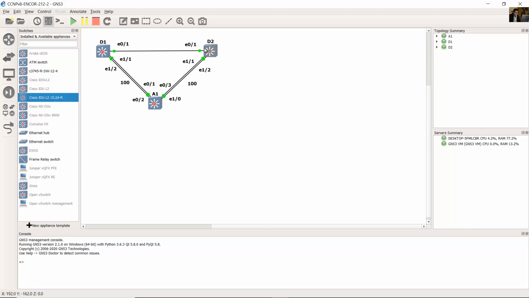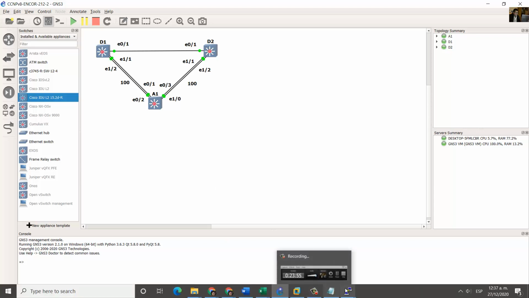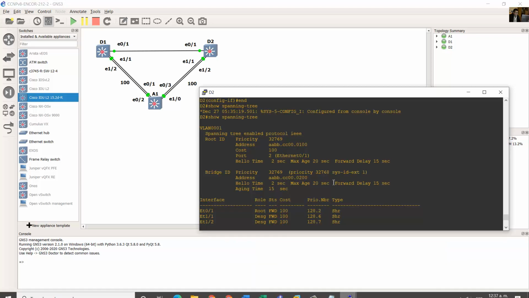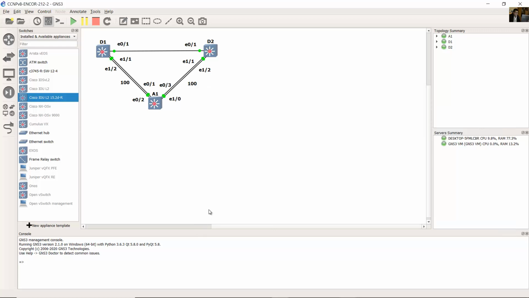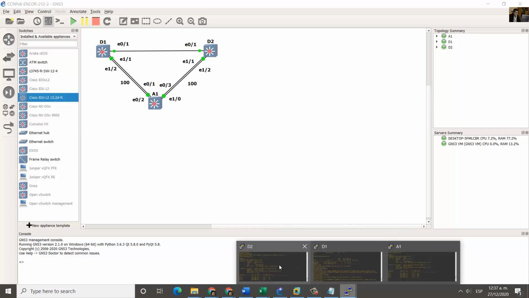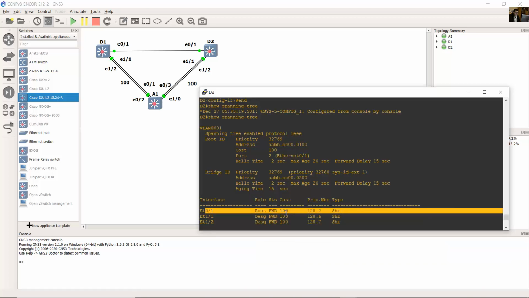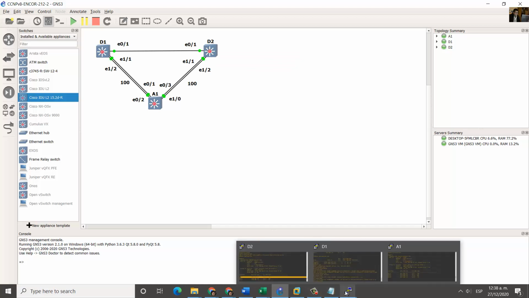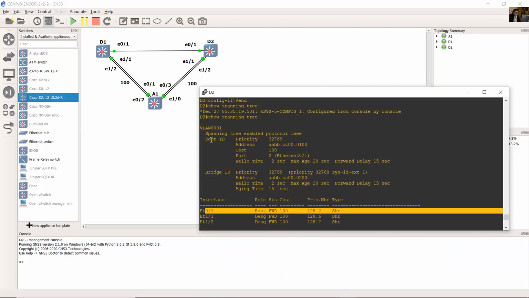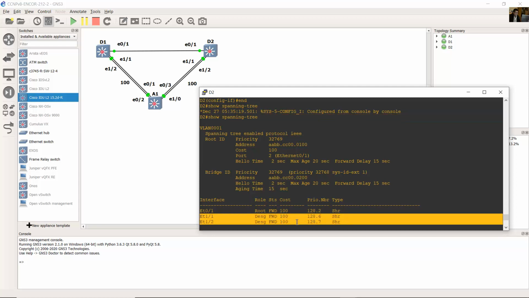And on D2, Ethernet 0/1 is the root port and is in forwarding state. On D2, Ethernet 1/1 and 1/2 are designated ports.